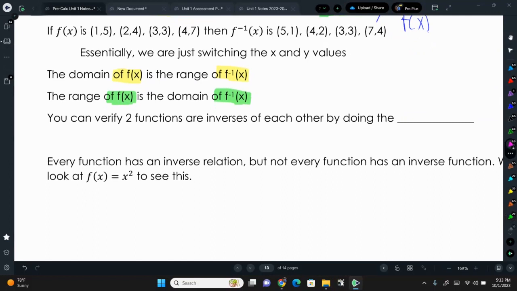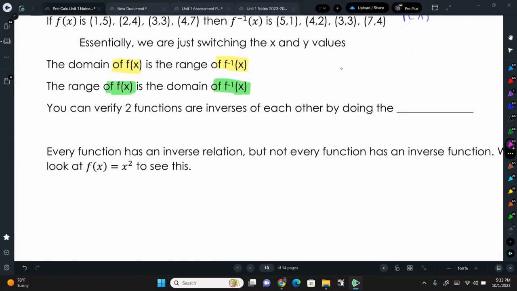You can verify that two functions are inverses of each other by doing the composition. We talked a little bit about compositions the other day. So if you show that both compositions are true, f of the inverse of f of x is equal to x, and that the composition of the inverse of f of x with f of x is also x.